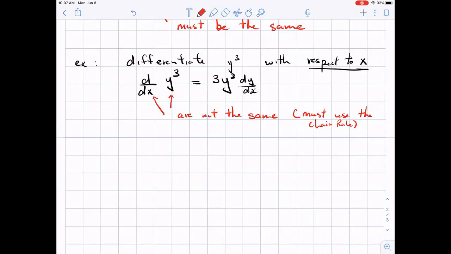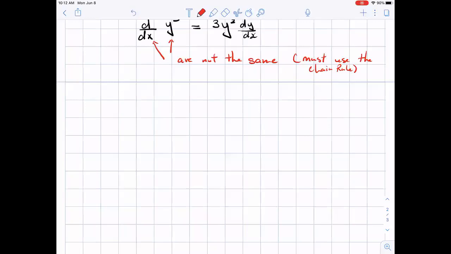So recall the chain rule, which really tells us that d dx, meaning the derivative of the function f, if it's a function f of some variable u, will be f prime of u times u prime.